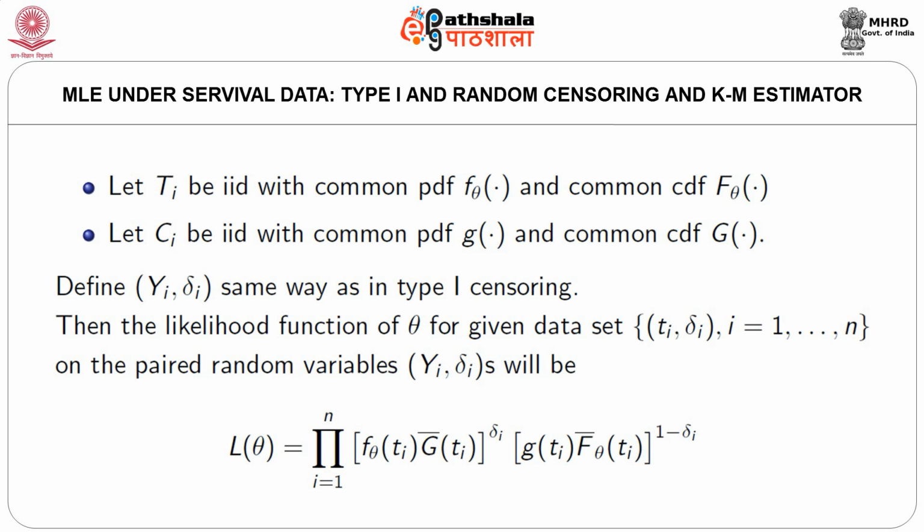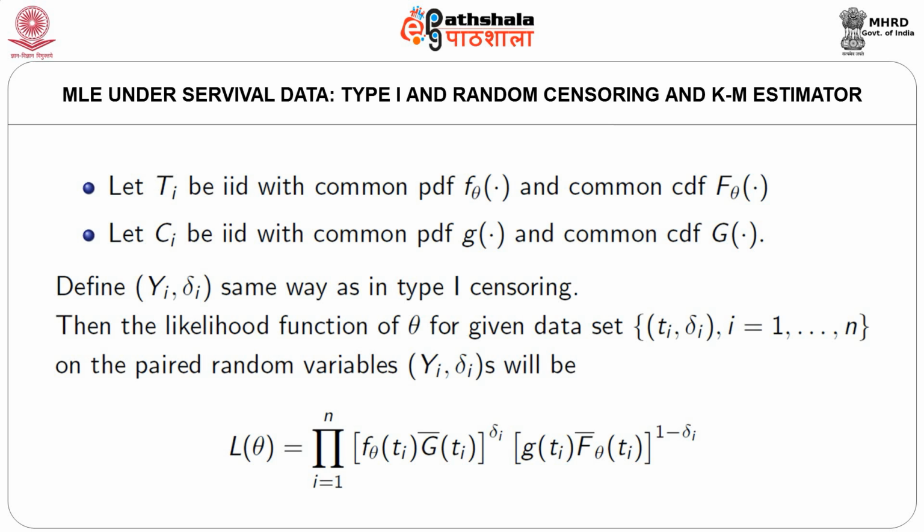Let capital Ti be IID with common PDF small f theta and common CDF capital F theta. Also let Ci, that is the censoring variable, be IID with common PDF small g and common CDF capital G. Define the pair capital Yi and delta i the same way as in type 1 censoring.